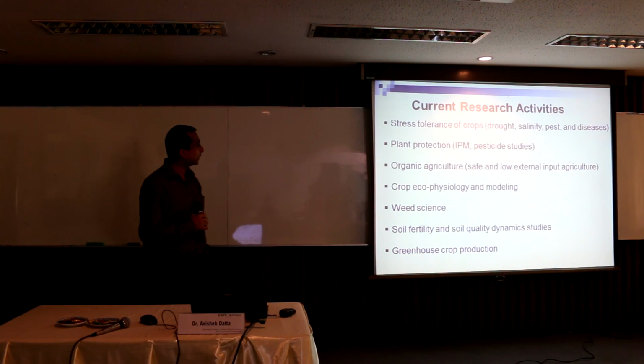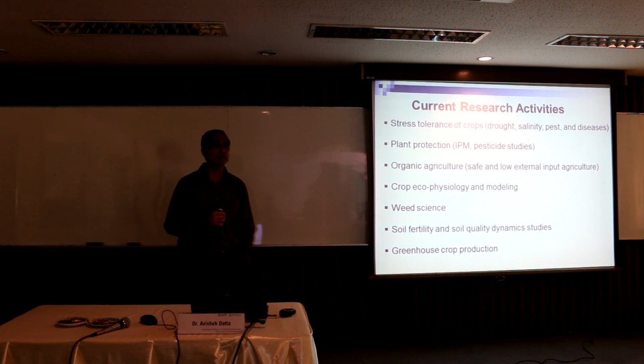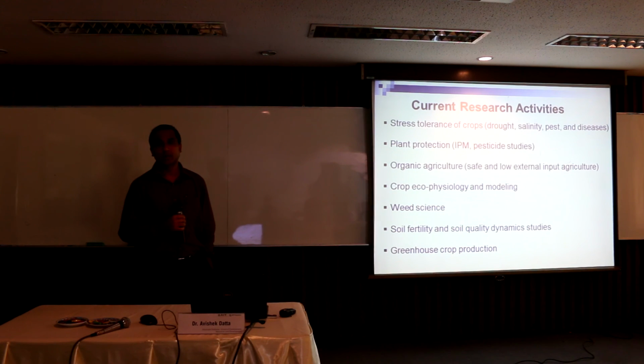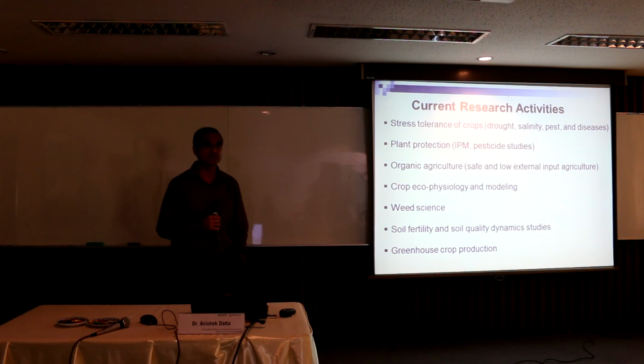And then definitely plant protection is one of the important areas, because in many countries, Thailand is a very good example, they are really using or dumping pesticides in crops, starting from vegetables, fruits, rice. And how is this affecting us? Definitely our health and environment, everything is now related.